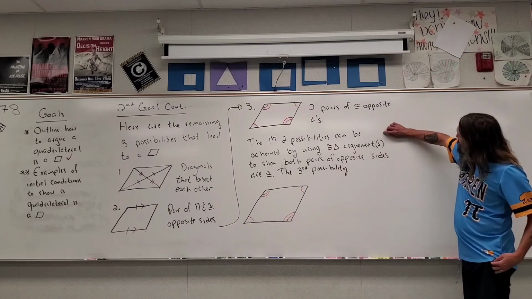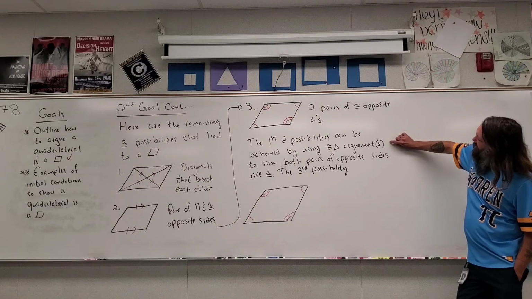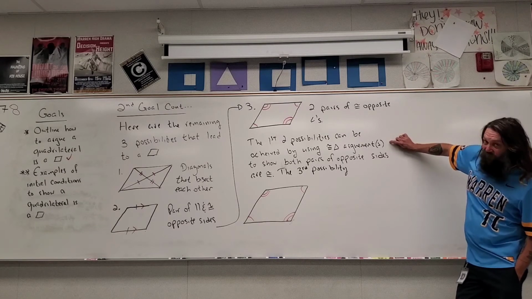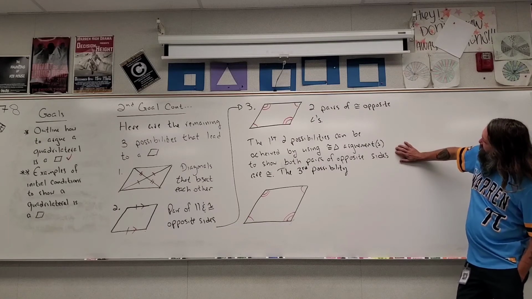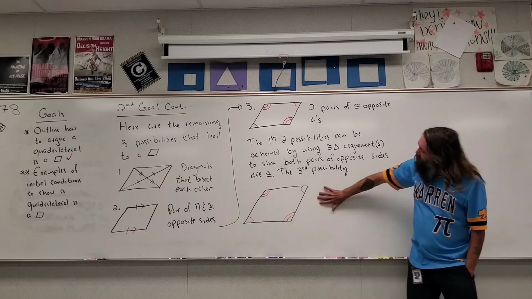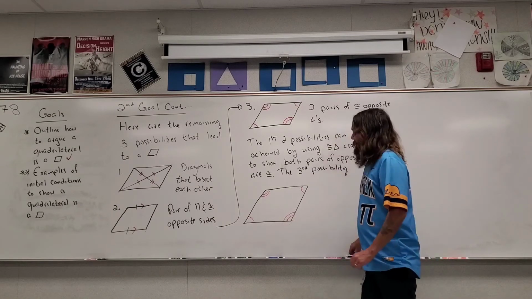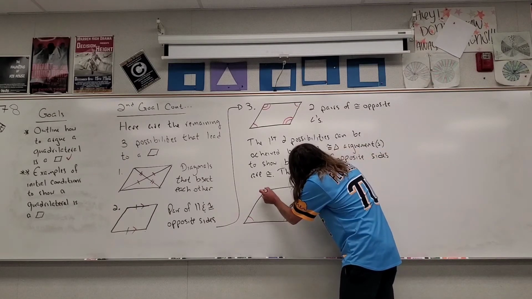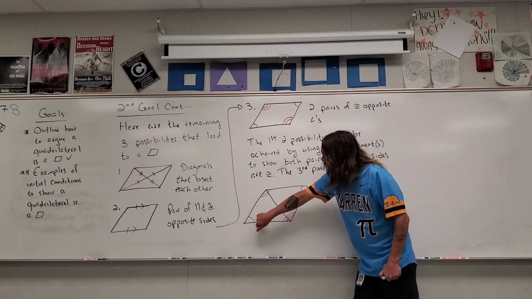The first two possibilities can be achieved using the congruent triangle arguments to show both pairs of opposite sides are congruent. The third possibility, however, let's see if I can make congruent triangles. If I add a diagonal, I have a pair of congruent angles.